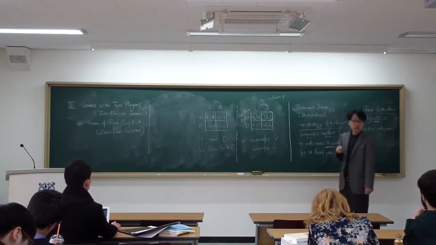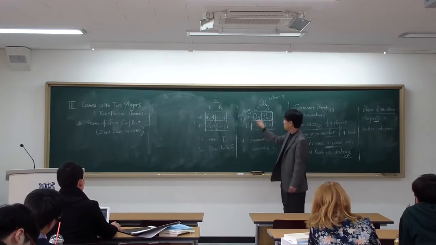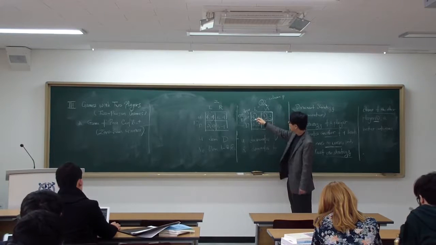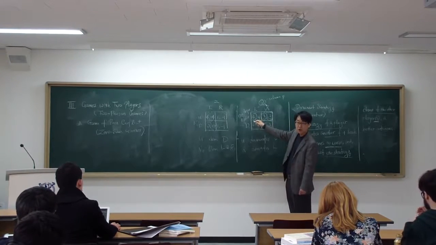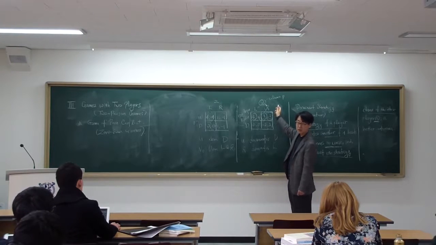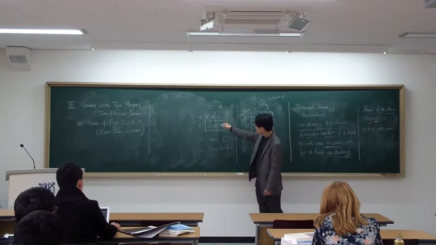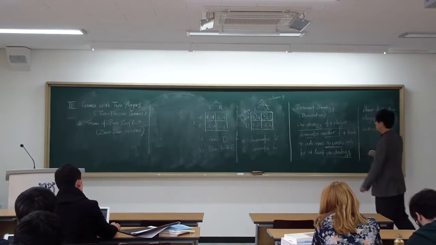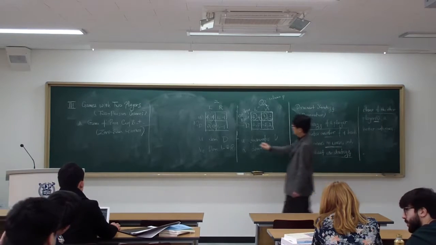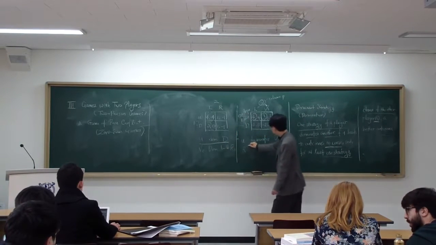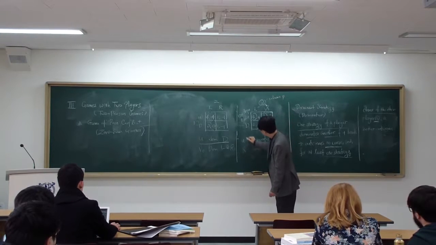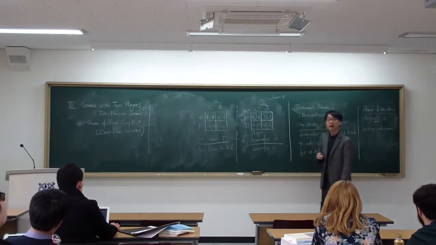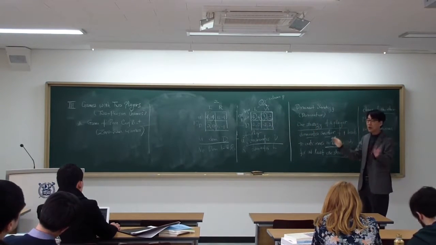Now, to distinguish these two different situations, in this case, up strategy was always better no matter what your opponent does, right? It is not the case in this case. So to distinguish between the two different situations, we say, in this case, up strictly dominates down. No matter what, up is better.